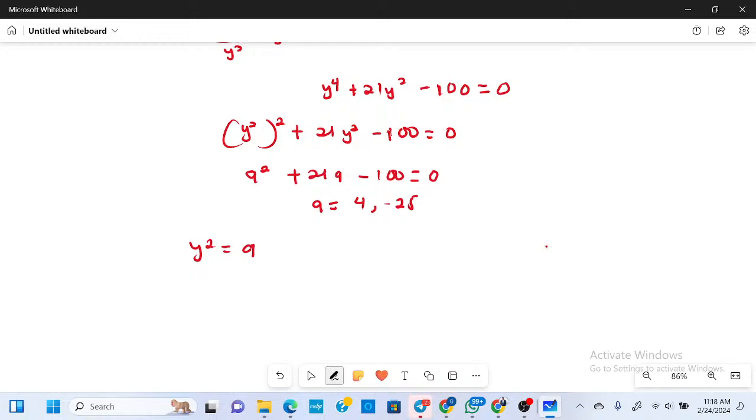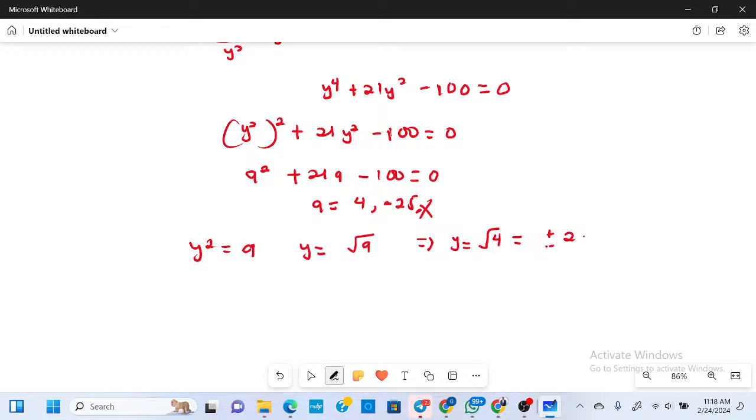So y is simply equal to square root of what? A. And at this point, I'll have a, which is what? 4. So y is equal to square root of 4, and that is going to give me plus or minus 2. But now let's see. Our a is what? Negative 25 for the second part. We can't have square root of negative 25, so we will not consider that one.